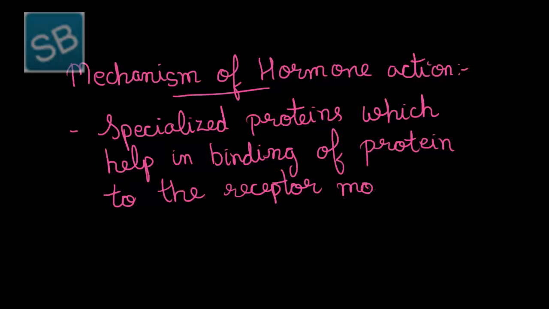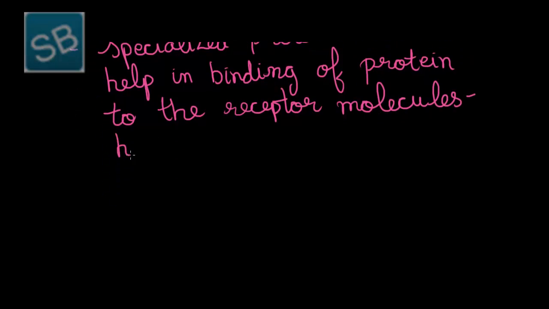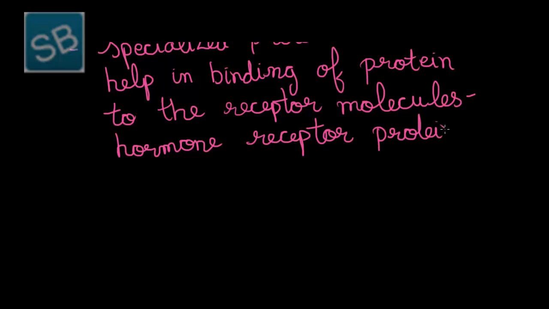Such specialized proteins are known as hormone receptor proteins. And the target cells on which such hormone receptor proteins act are known as membrane-bound receptors.